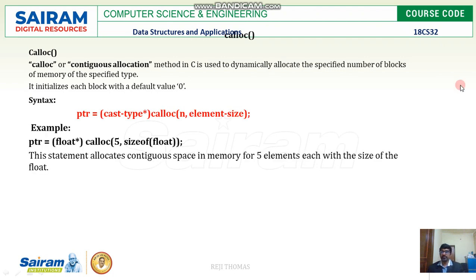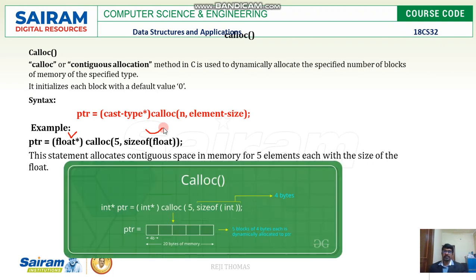So we have taken a different data type called float, and 5 times the size of float. We want to store 5 floating point values, and the 5 floating point spaces for these values will be allocated as 5 different blocks. So let us see this.